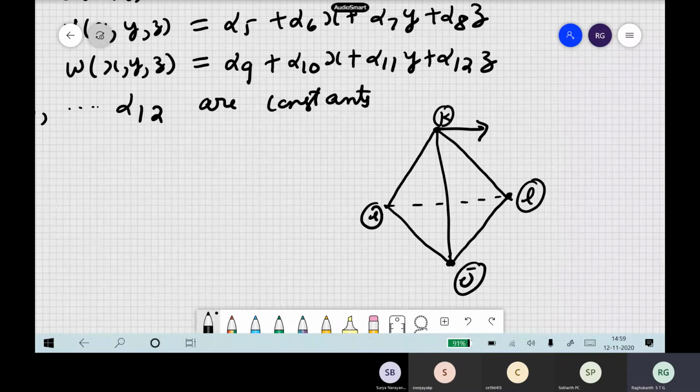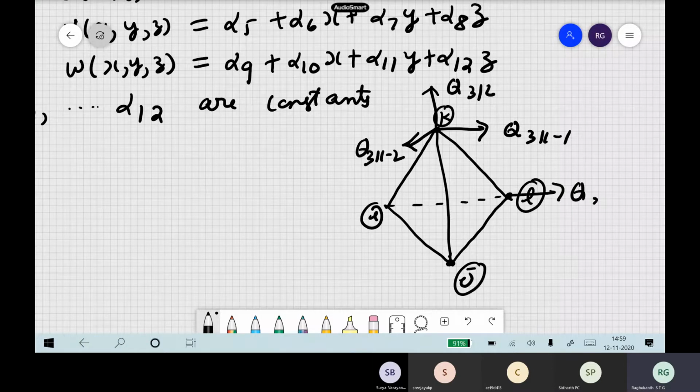They are nothing but the 3 displacements you have. If I denote as q3k minus 1, you remember last class, this is a notation used in FEM, then q3k minus 2, these are the displacements. Here we have q3l minus 1, q3l, then q3l minus 2.